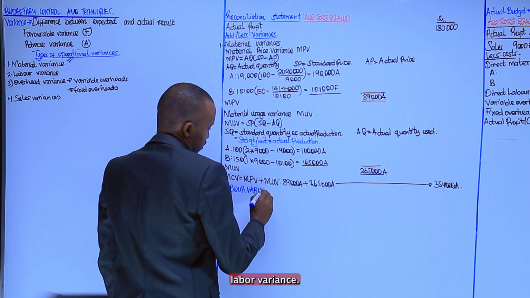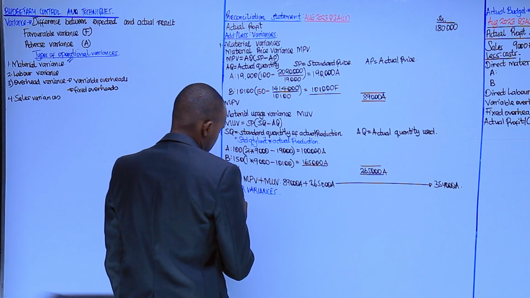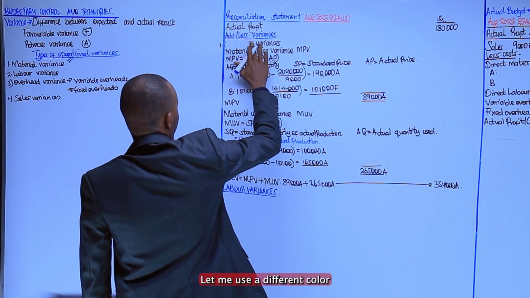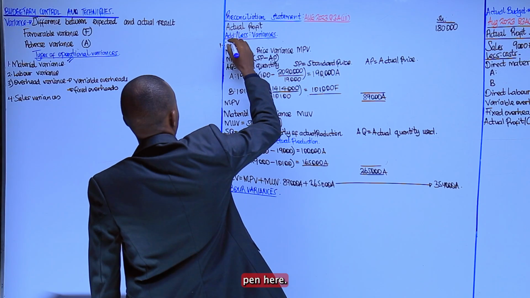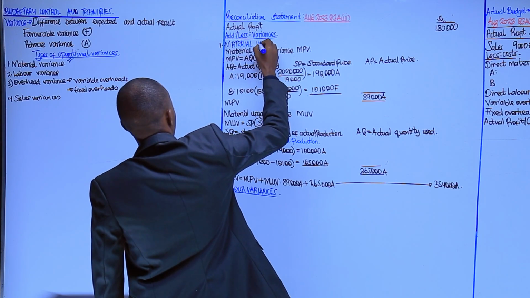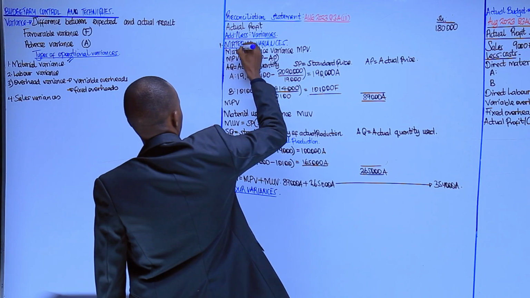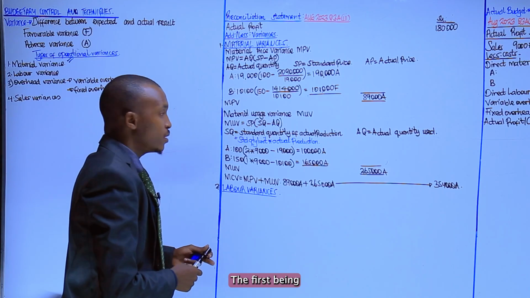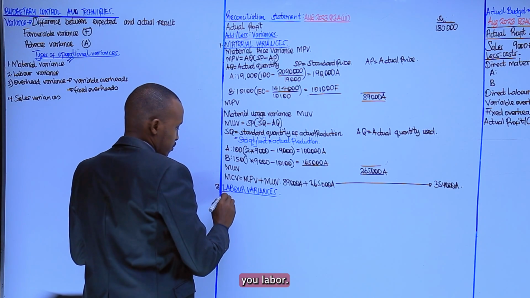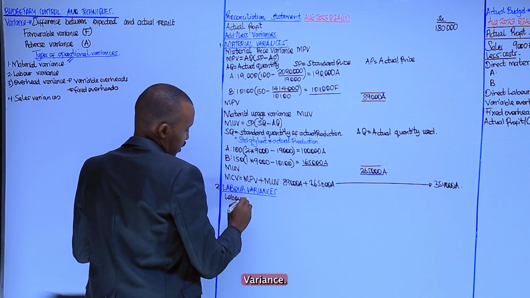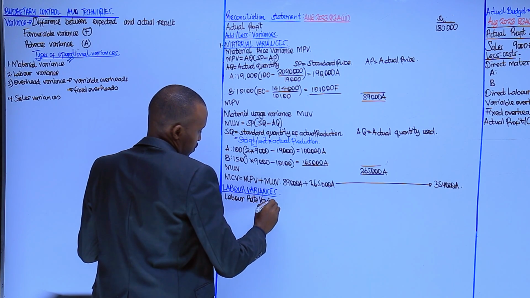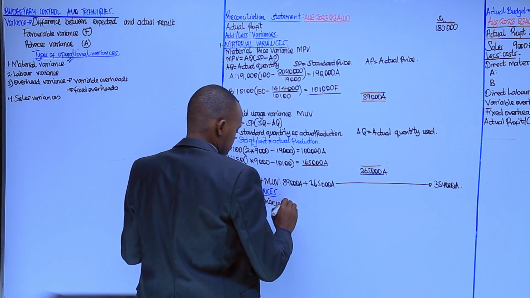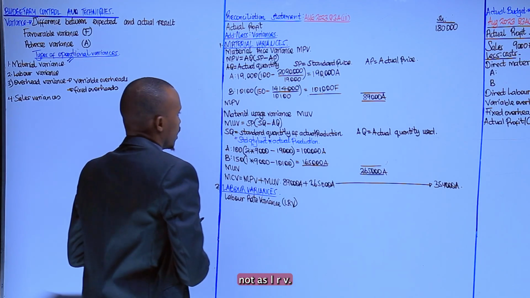The second variance is labor variances. Let me use a different color pen here. The first being your labor rate variance, which you simply denote as LRV.